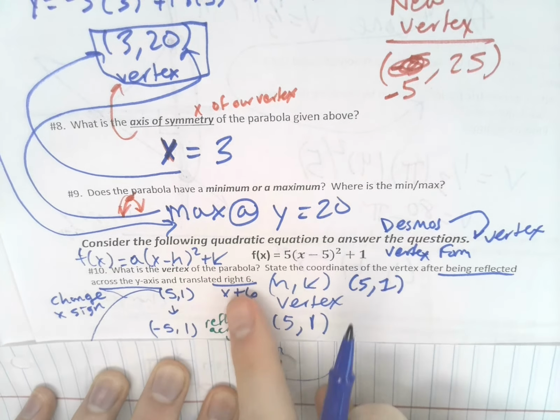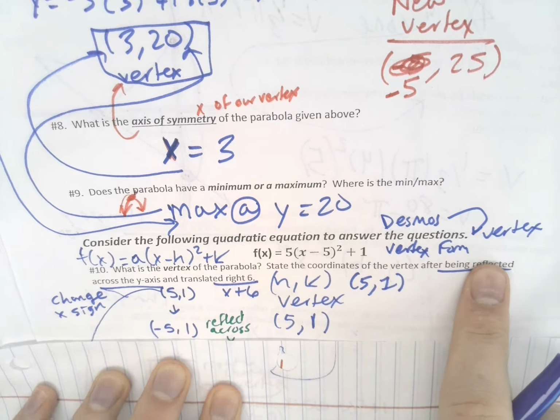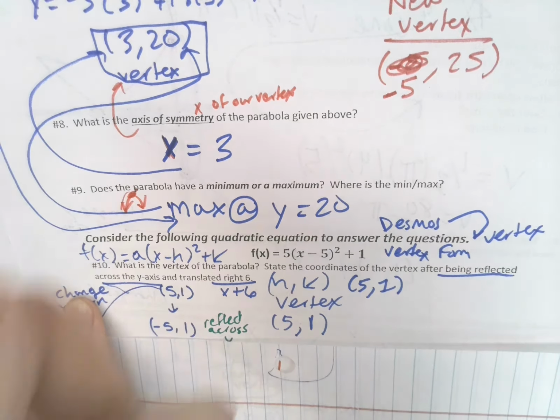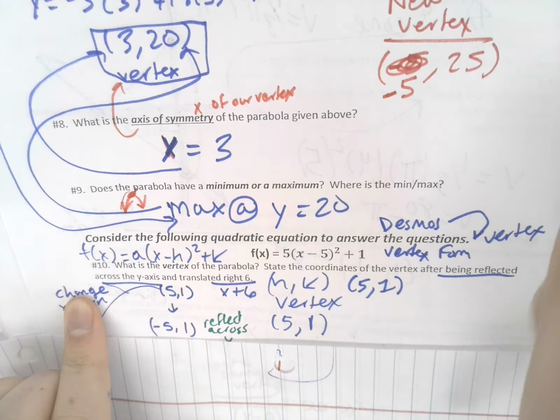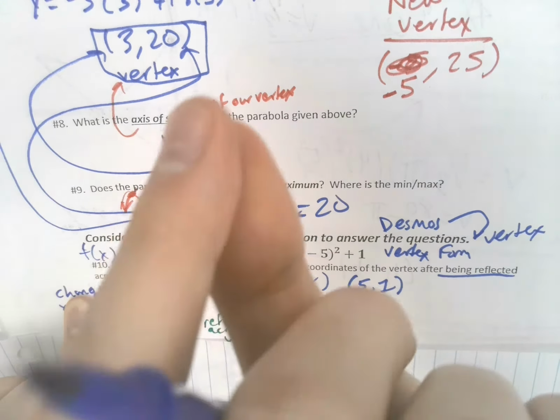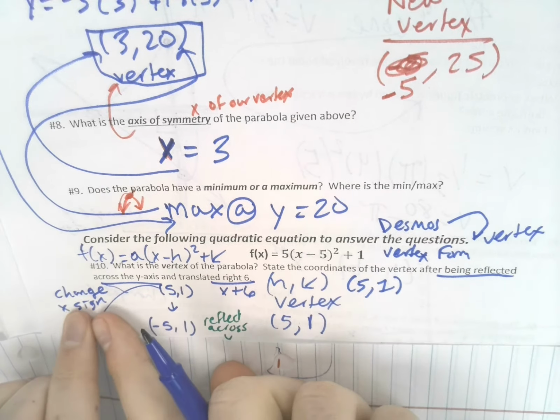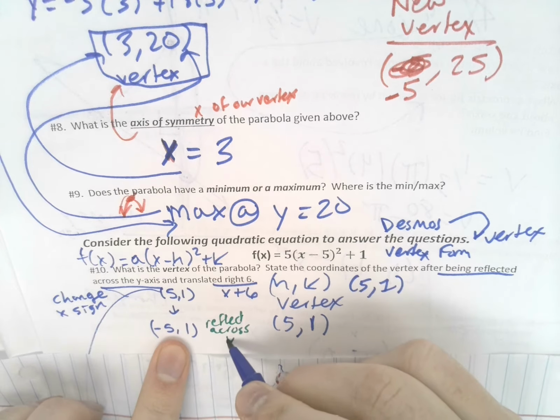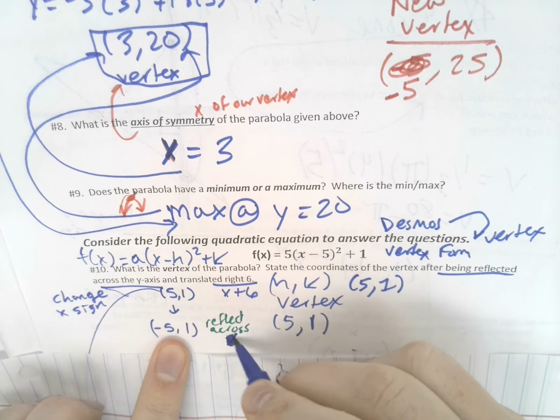Now, they want us to take that vertex and reflect it across the y-axis. That means if we're on the left side, we're going to go to the right side, or if we're on the right side, we're going to go to the left side. So that's going to change the x. So if it's 5, 1, reflect across, I'm sorry, that is y.